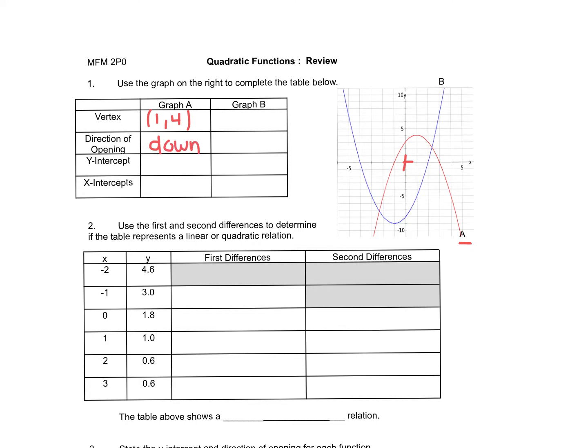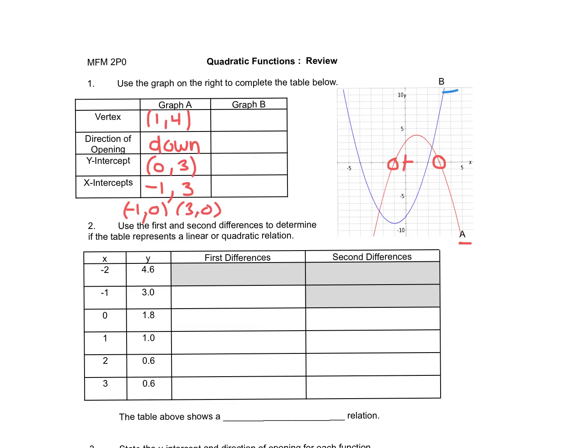Our y-intercept, where it crosses the y-axis, is 0 and 3. And then we have two x-intercepts as well: -1 and 3 in this situation. Those aren't points, but if I were to write them out as points, it'd be (-1, 0) and (3, 0). It's just the chart won't let me.